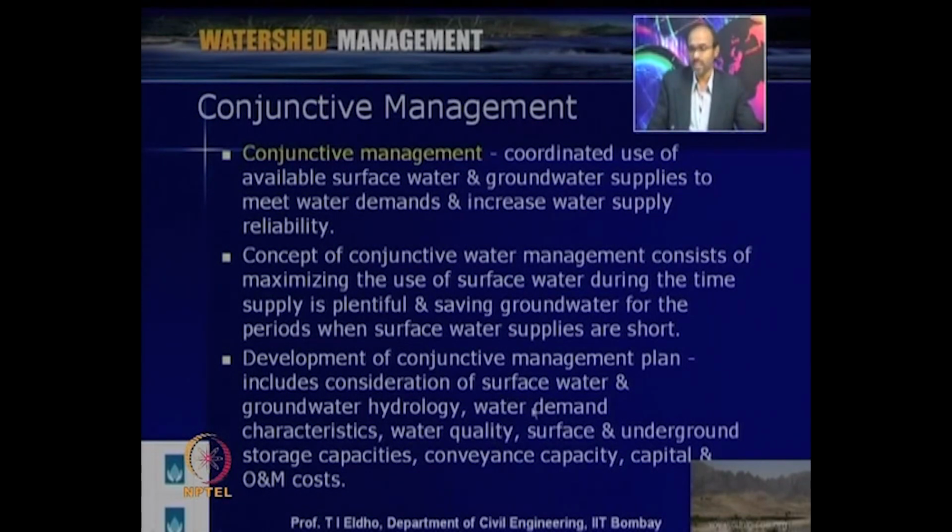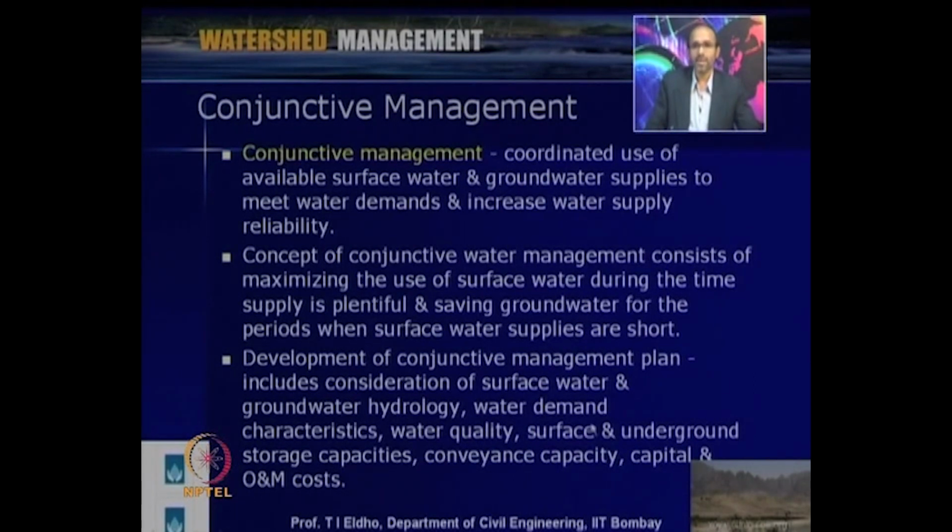Then water quality is very important. If polluted water is recharged to the aquifer system, then the aquifer system will be contaminated. So we have to be very careful in artificial recharge, and then we have to see surface and underground storage capacities. Then conveyance capacity, through the river or channel or canal system, we have to see.